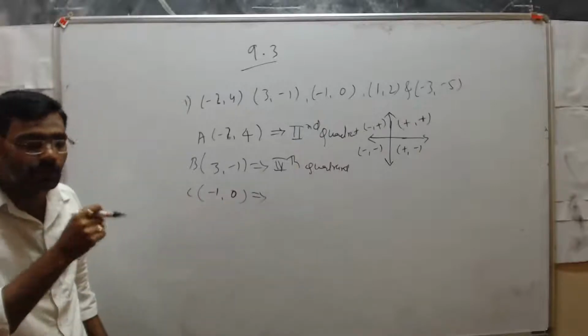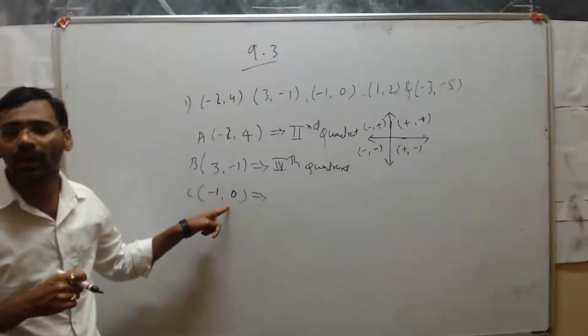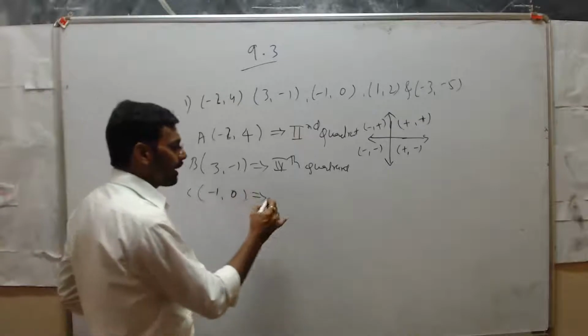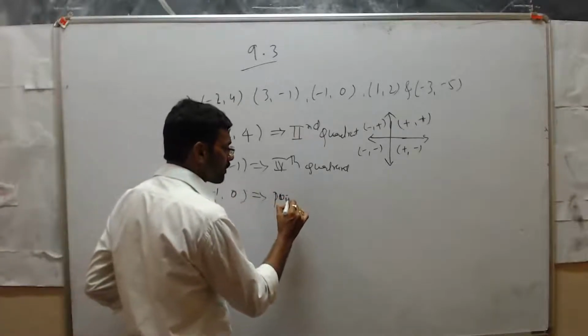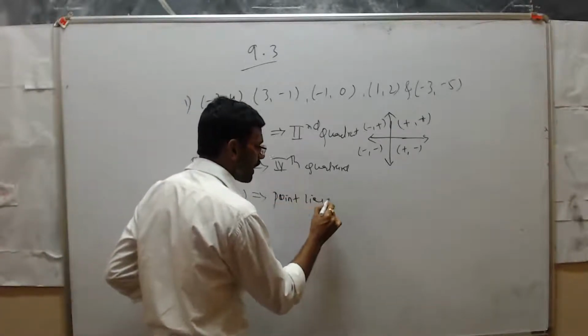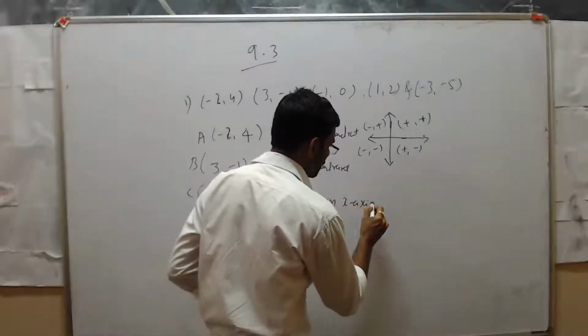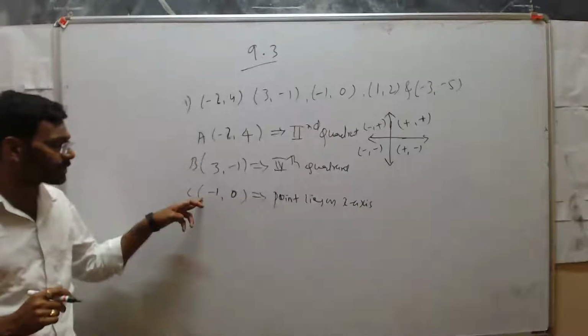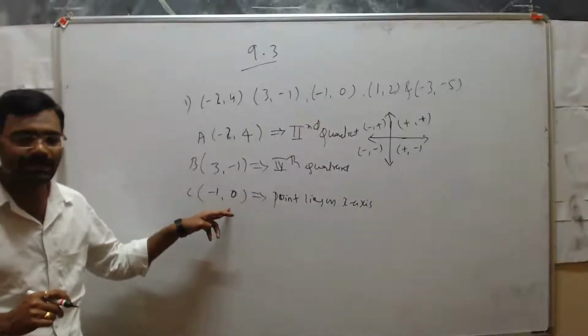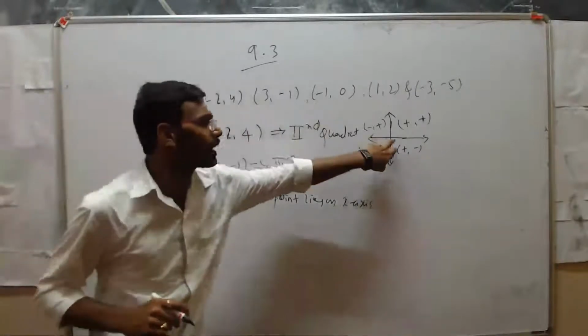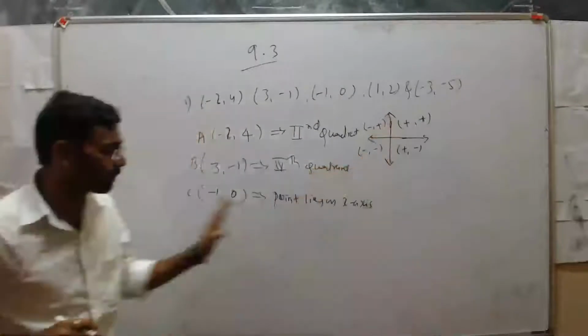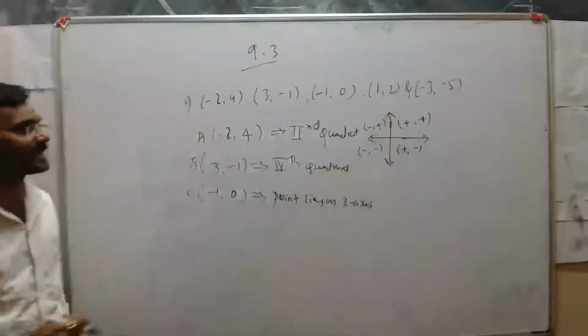If y value is 0 and x value is -1, the point lies on the x-axis. If x value is 0, the point lies on the y-axis. Therefore, the point lies on the x-axis.